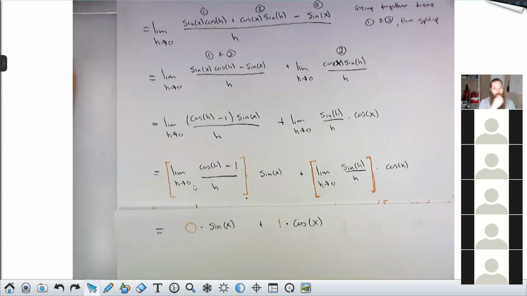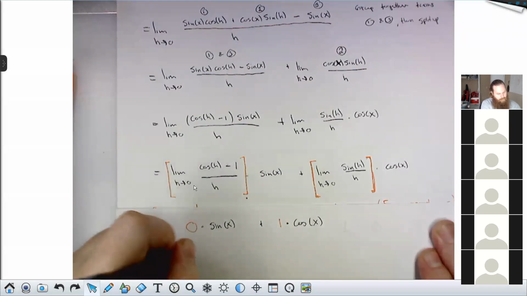This is where we were in our calculation. And that is just cos of x.